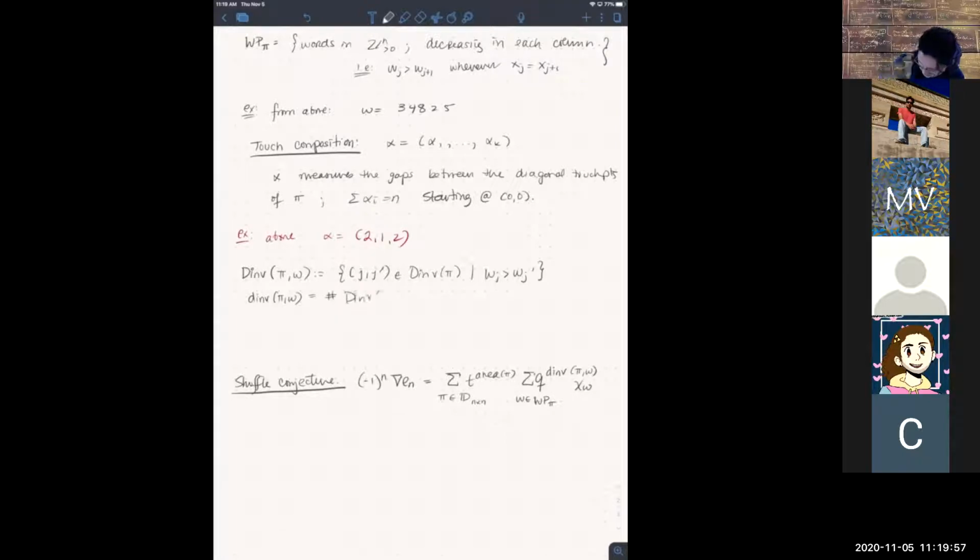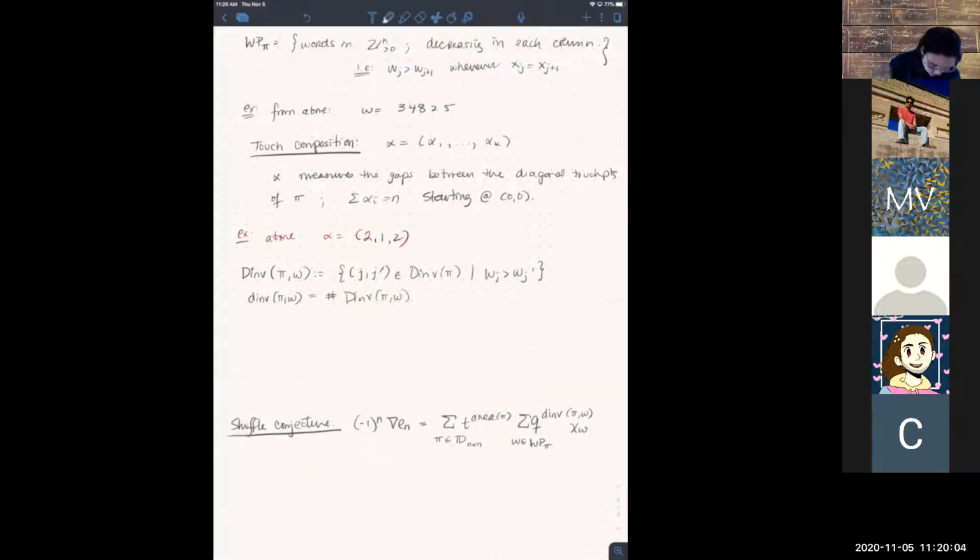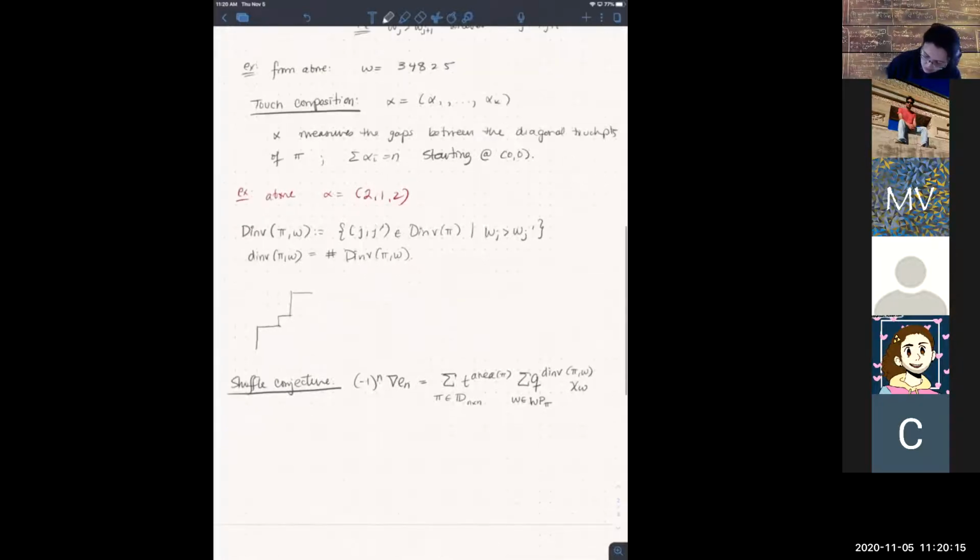So this is pretty standard notation. So if we go back to the example above, right, where we had, let's say 2, and then 2, 1, 2, and then 2, right? And what was our function? It was 4, 3, 8, 5, and 2. So here we had that, just as a reminder, our word was 3, 4, 8, 2, 5.